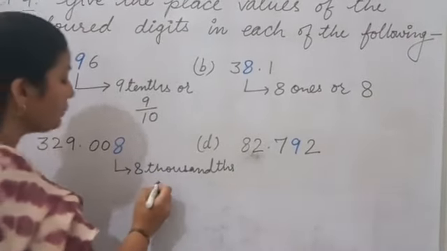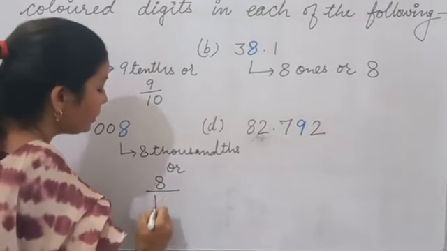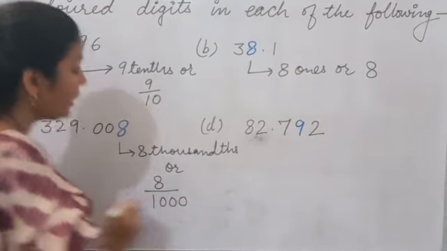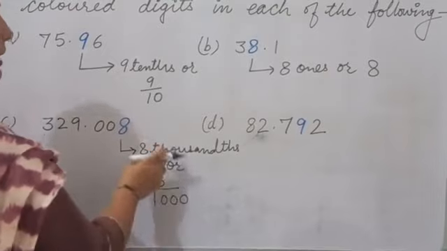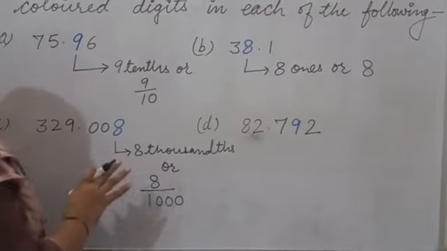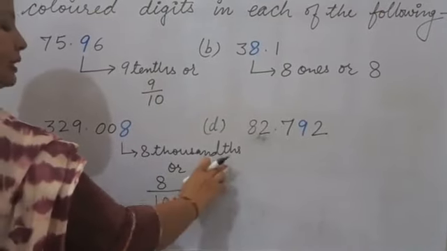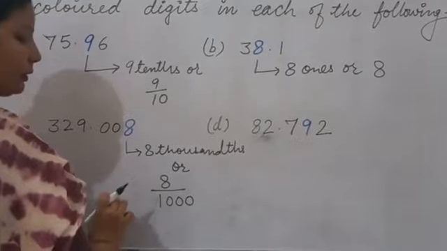Or another way what we can write? 8 upon 1000. Okay. In figure we can write like this and in spelling we can write like this. अगर आप only one write करते that is also correct. Otherwise you can write both ways. Okay. This is in the words and this is in the figure.